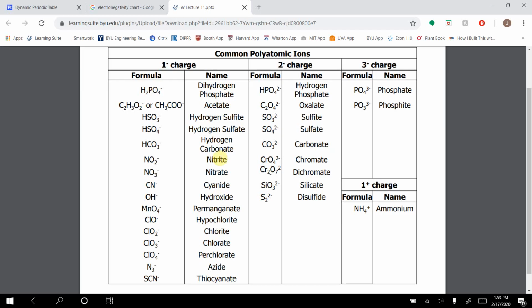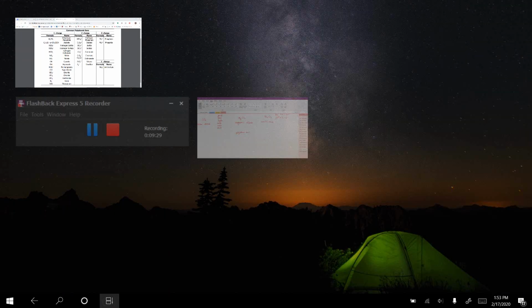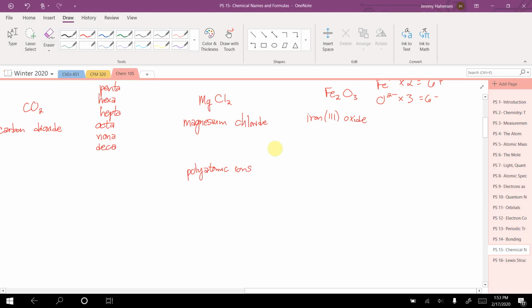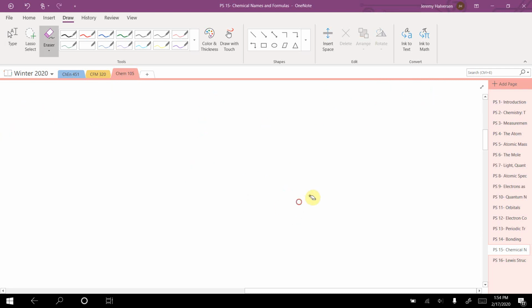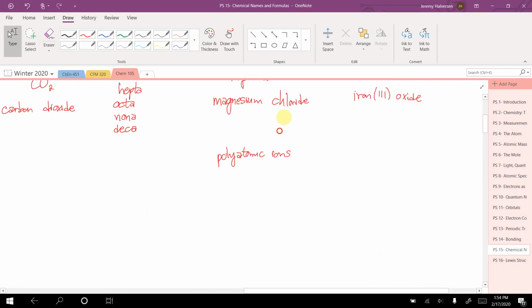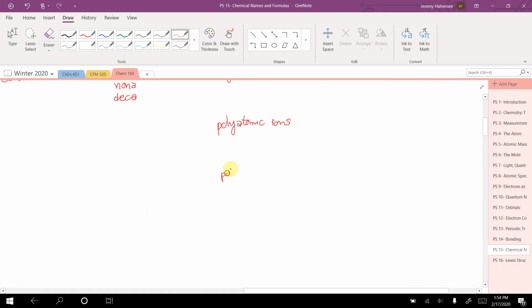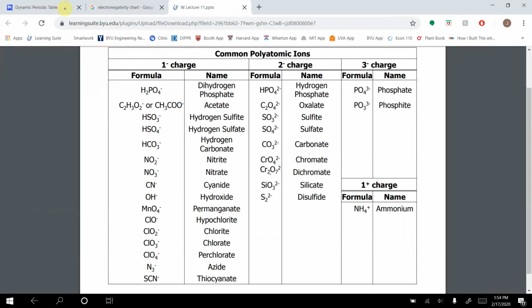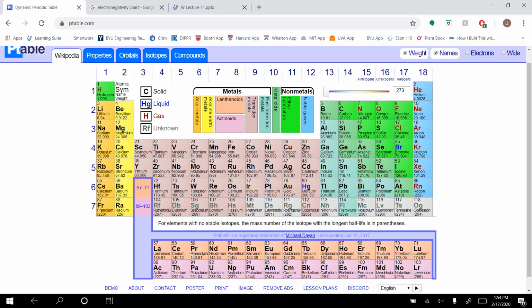So let's say, for example, I had this nitrite, NO2-. What if I had potassium, did I spell that right? 2 S's.